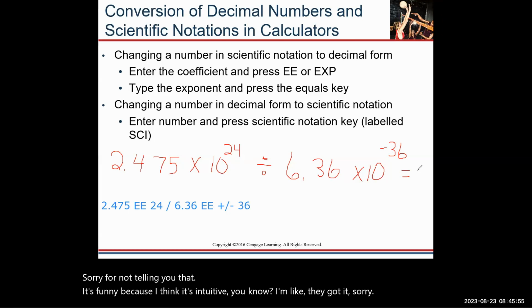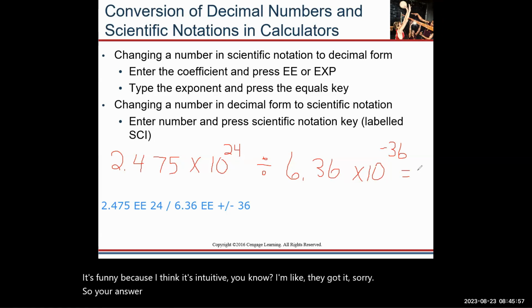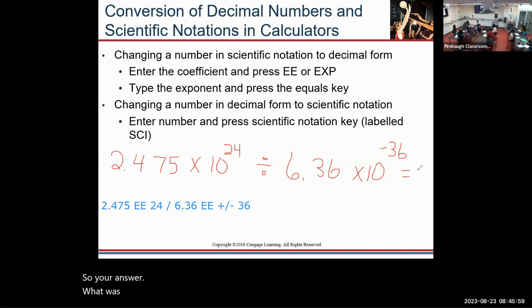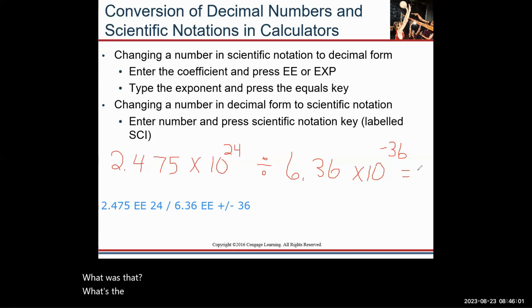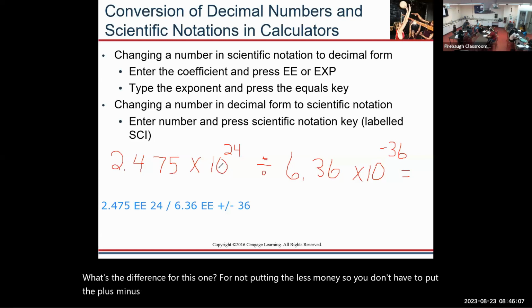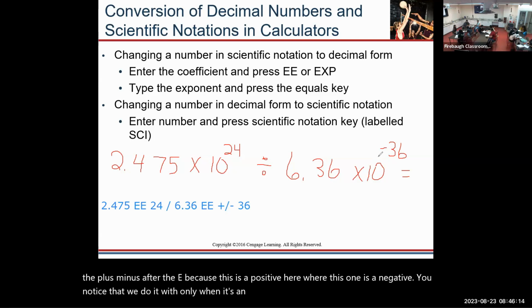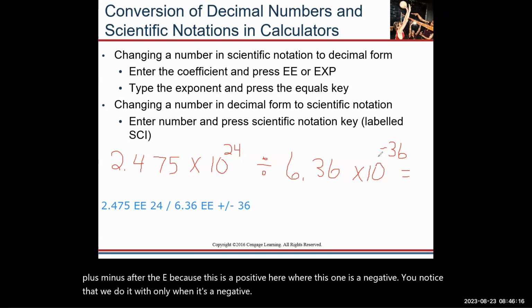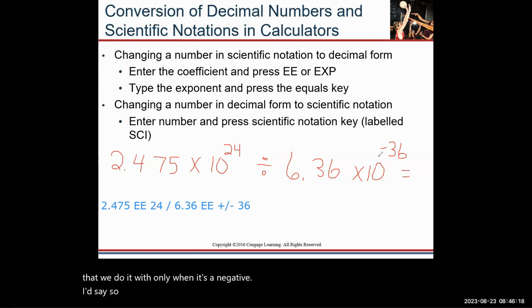What's the difference for this one for not putting the plus minus? So you don't have to put the plus minus after the EE because this is a positive here, where this one is a negative. You notice that we do it only when it's a negative. Okay, so only when it's a negative we put the plus minus.